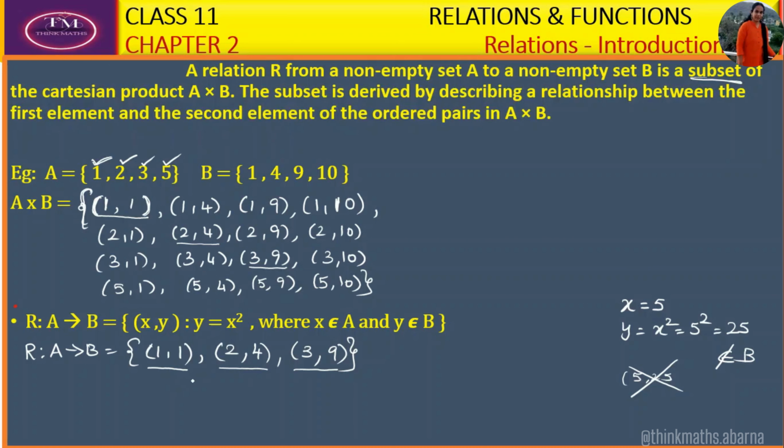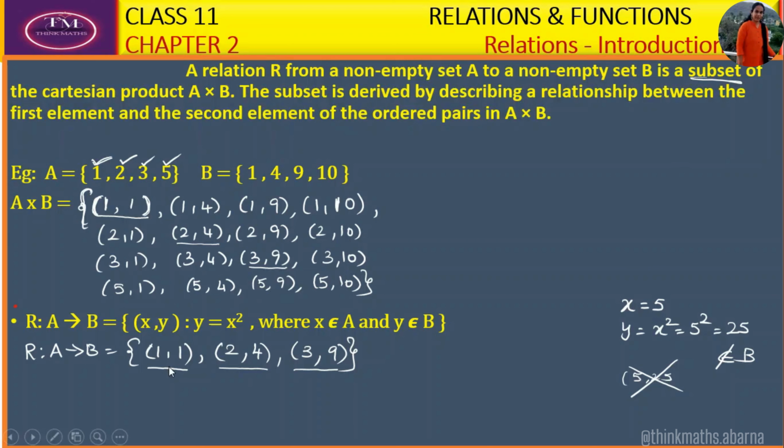So this subset is derived by describing a relationship between the first element and the second element of the ordered pairs in A cross B. This is the definition of relation. Okay, understood?